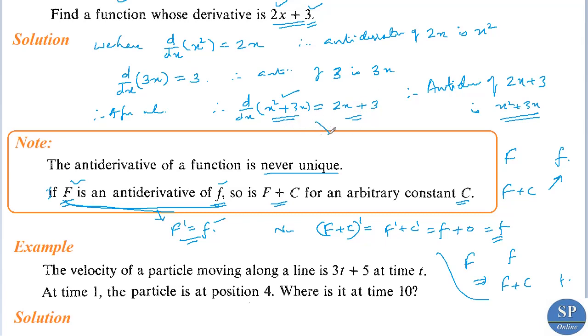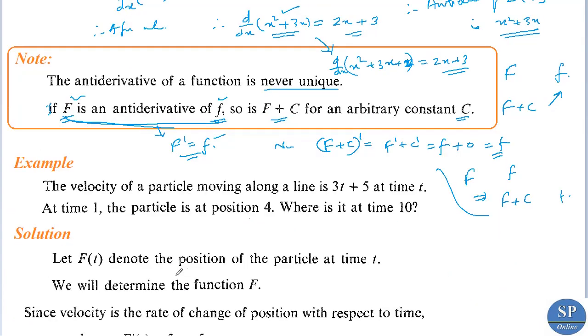Now from this we can say that x square plus 3x plus some constant, for example 2, is also an antiderivative of 2x plus 3, because the derivative of this is equal to 2x plus 3 plus 0, that is 2x plus 3. So if you add any constant to this, we will still get the same derivative. So if capital F is an antiderivative of f, then F plus c is also an antiderivative of small f.